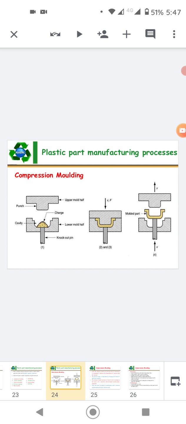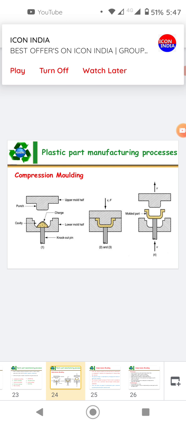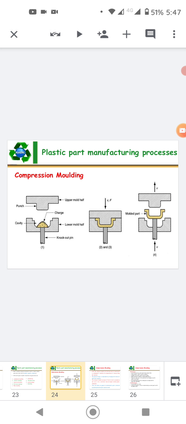However, thermosetting plastics can be removed without cooling the mold. The parts may be visually inspected and any flash trimmed off.